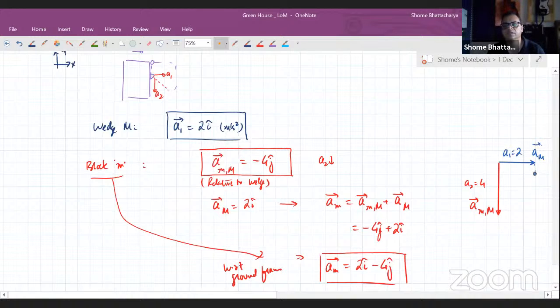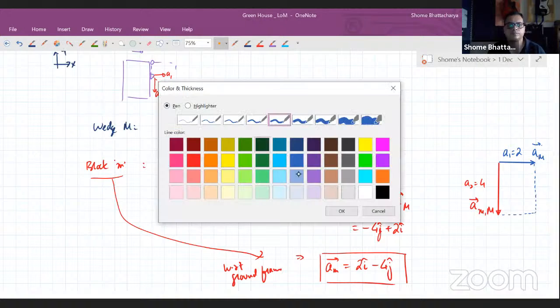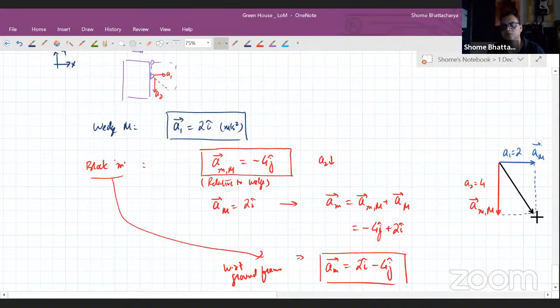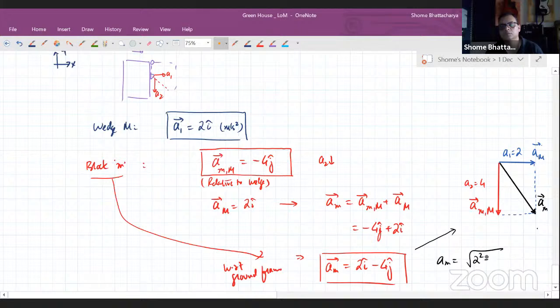Okay. So the net acceleration becomes the vector sum of these two. So this is the net acceleration of the block with respect to the ground plane. This one, this is this. Okay. So it has a magnitude of this much.